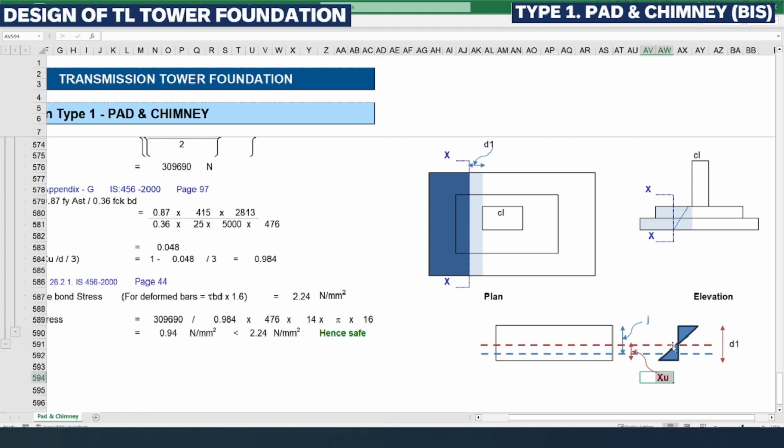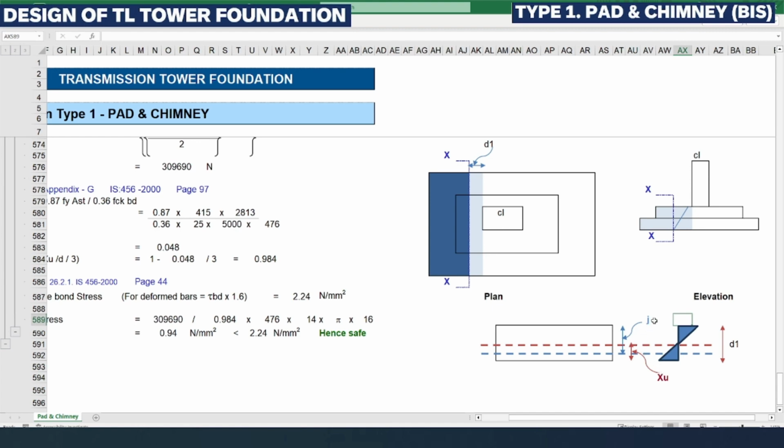The stress variation is in opposite directions in tension and compression, as seen here. So XU is the neutral axis depth.